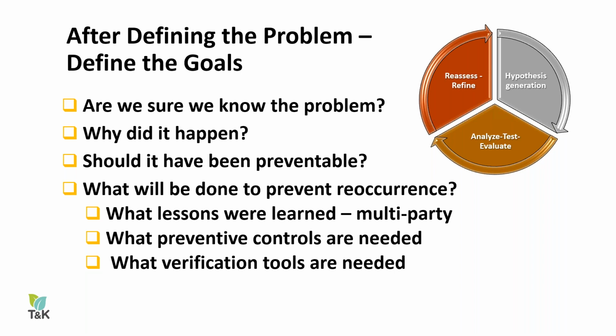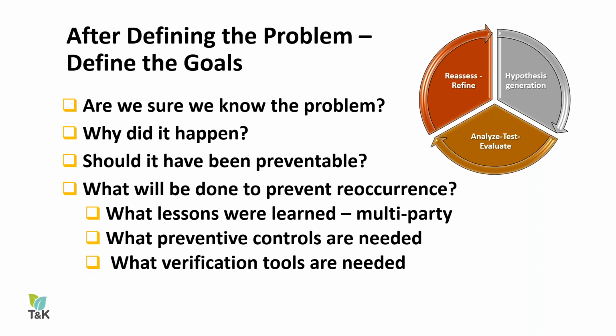Why did it happen? Should it have been preventable? Did the hazard analysis and risk assessment fail? Did it need to be revised with either new knowledge or better training, whatever that may be? And what can be done to prevent it? What kind of preventive controls are needed? And especially, more often than not, what types of verification tools or monitoring tools and practices are really needed?